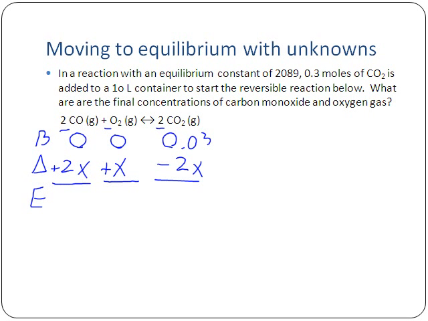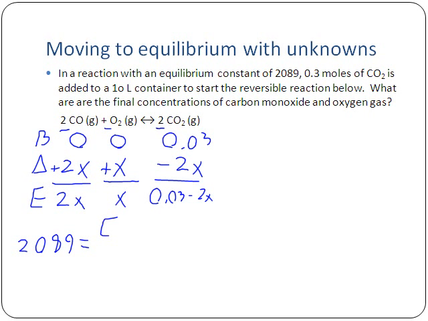So for our final concentrations, we have 2x for carbon monoxide, x for oxygen, and 0.03 minus 2x for the carbon dioxide. So let's go ahead and set up our equilibrium constant equation. So we have 2089 is equal to the things on the right.